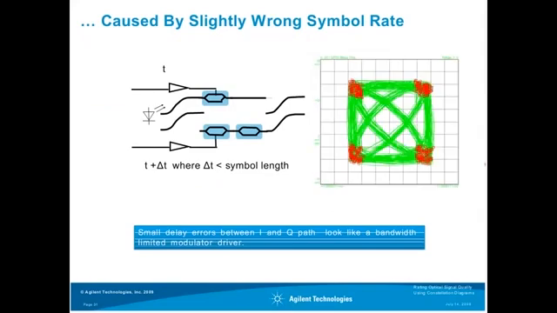And again, another kind of impairment that we didn't discuss up to now is the delay between the I and the Q path. Up to now, we have mainly discussed the gain imbalances and other impairments, and now we look more at the timing between these two signals.